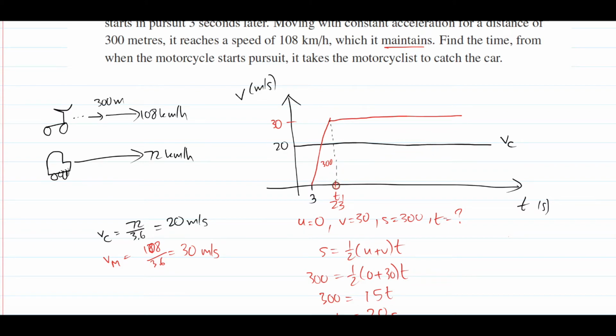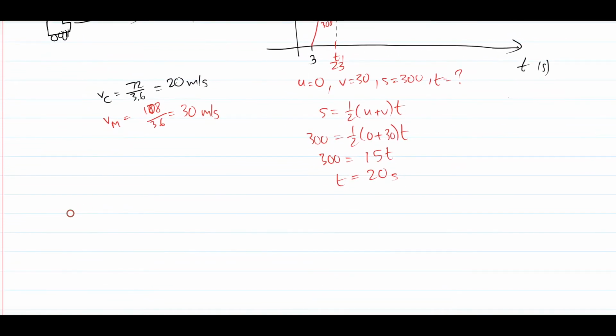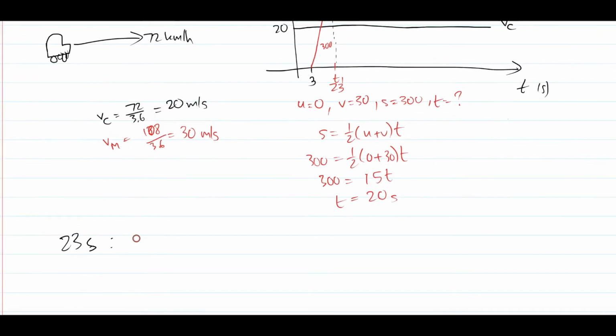Have a look at this from 3 to 23: the area is 300, but after 23 seconds, the car would have reached 20 times 23, that's 460 meters, whereas the motorcycle has only reached 300. So obviously the motorcycle hasn't covered enough distance to catch the car just yet.